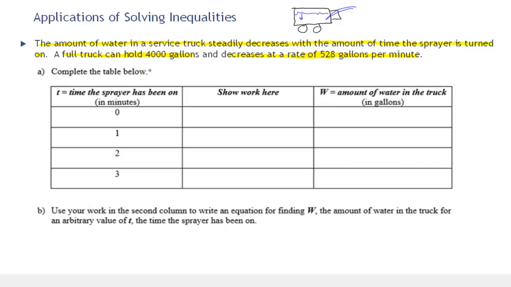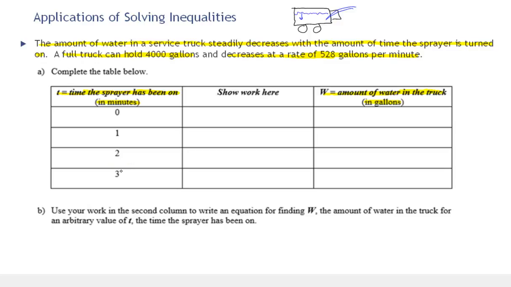We're given two variables. T equals the time the sprayer has been on, measured in minutes, and W equals the amount of water in the truck in gallons. And they explain that the longer the sprayer has been on, the amount of water decreases. So let's figure out some exact values given specific values of time in minutes.